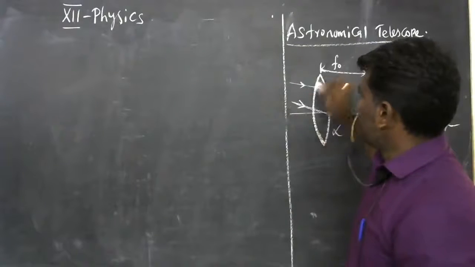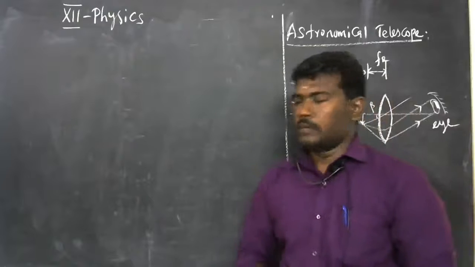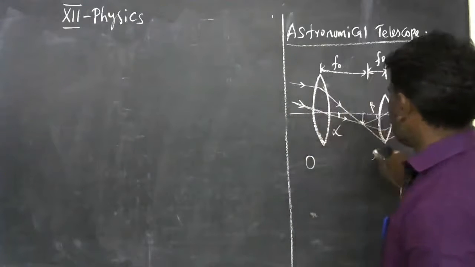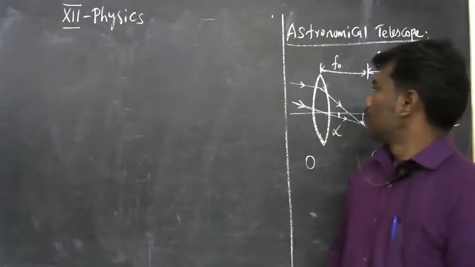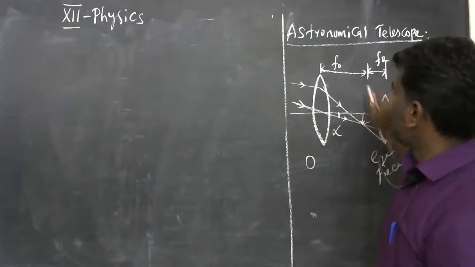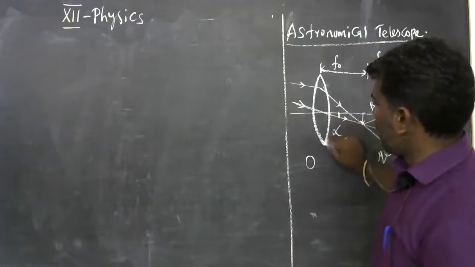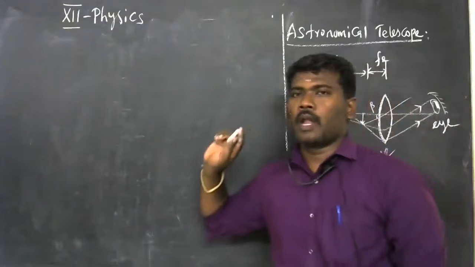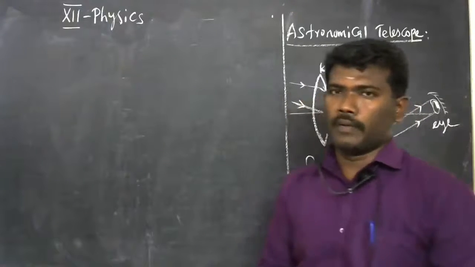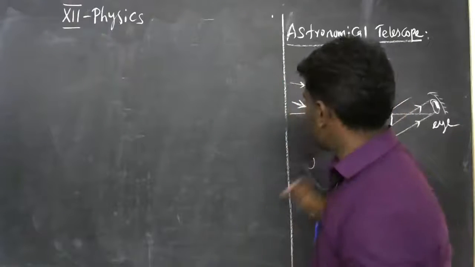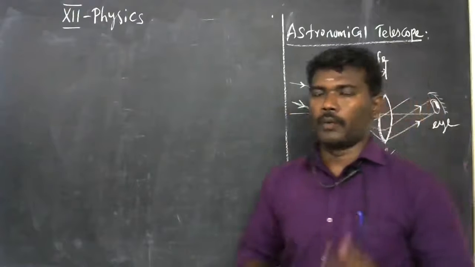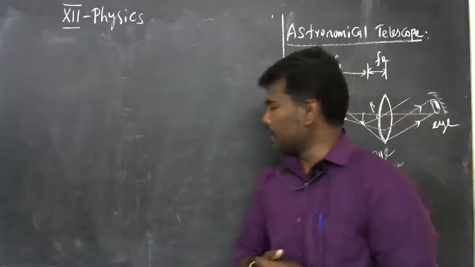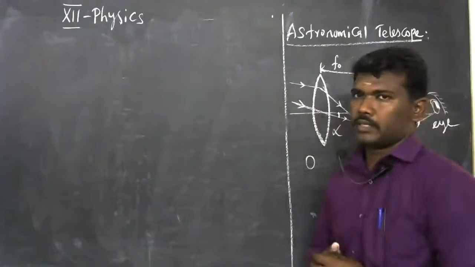When the light rays are incident on the objective, this is the objective and this one is the eyepiece. In the astronomical telescope, the objective lens has a larger aperture compared with the eyepiece, and also the objective has a longer focal length compared with the eyepiece.